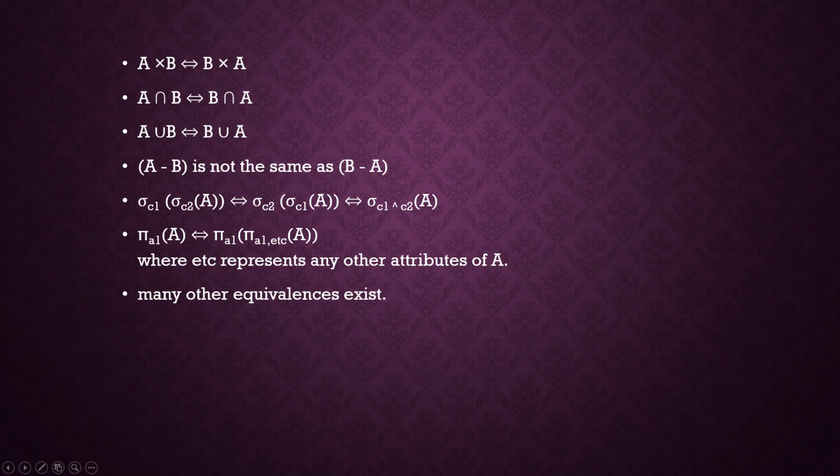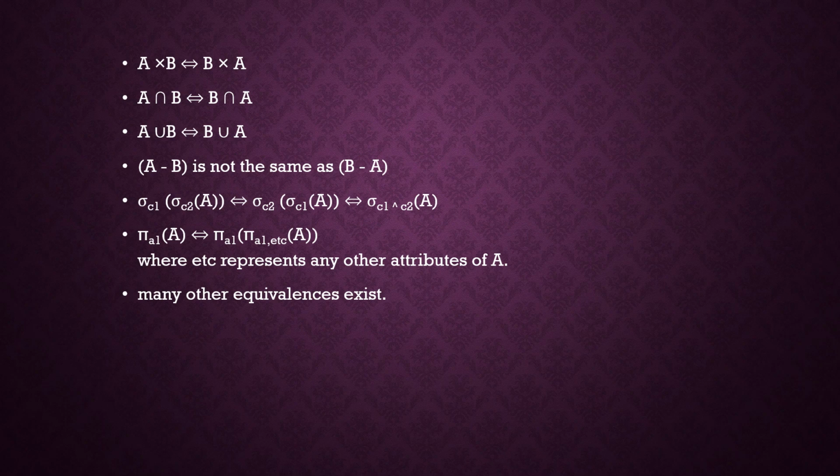A intersection B equals B intersection A. A union B equals B union A. A minus B is not the same as B minus A.